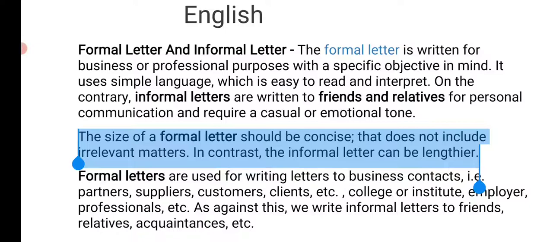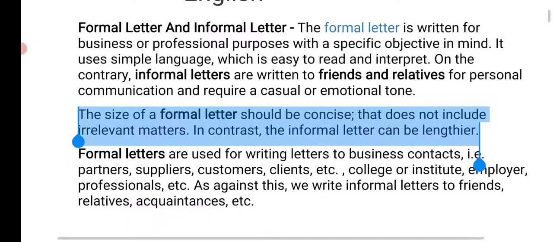It is very concise and to the point. But in an informal letter, you can talk about your friend, anything. You can discuss a place you have recently visited. You can talk about his mother, his sister, or anything else. You can talk about his school. So informal letters can be lengthier, but formal letters are always short.